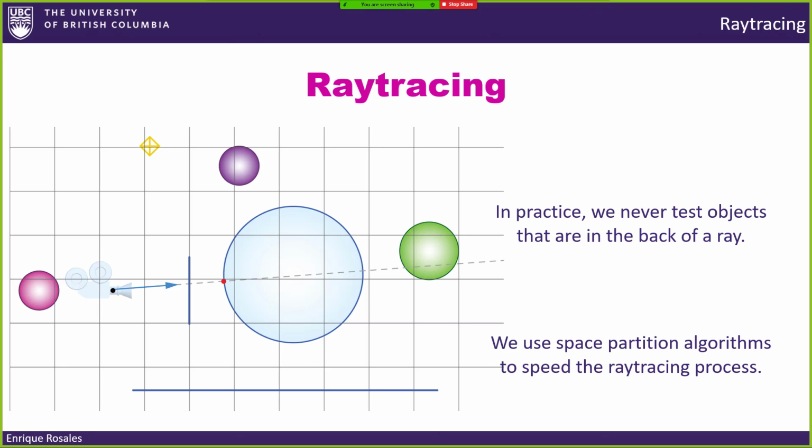Okay, and someone is saying, but objects behind the ray can still cast shadows. Yes, very good question. Of course, we still need those objects, because they may still be casting shadows. And it's not only for shadows, but also for reflection.